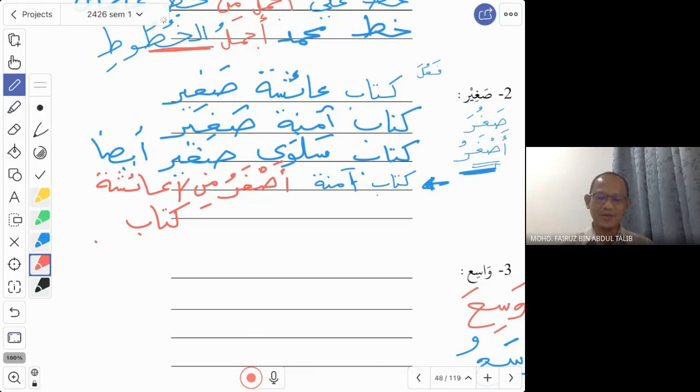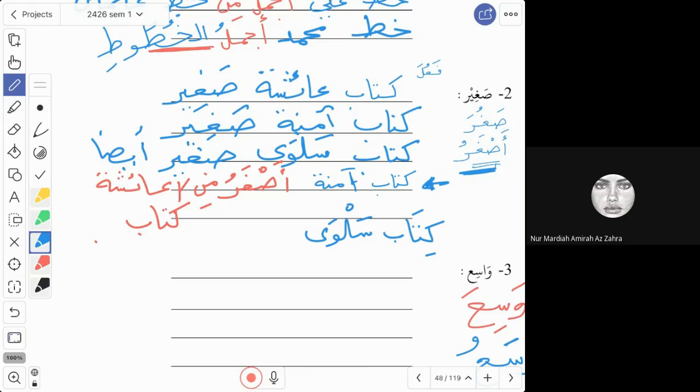Now you compare, you say Salwa's kitab is the smallest among these books. Hers is the smallest. So the last jumlah will be kitabu Salwa. Okay, so what do you say now? Kitabu Salwa is the smallest among these books. Asgharul Kutub.